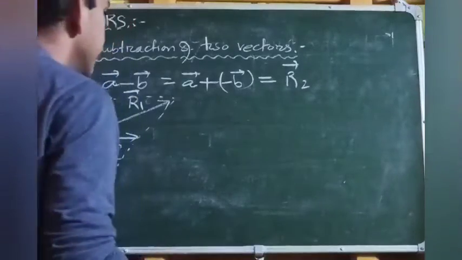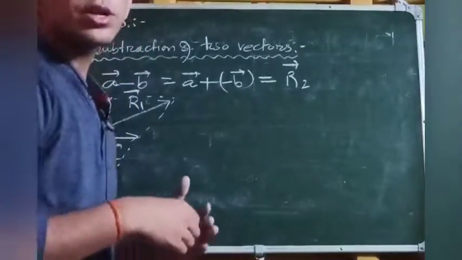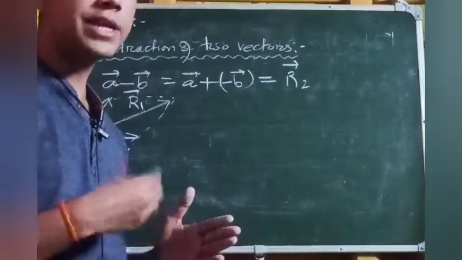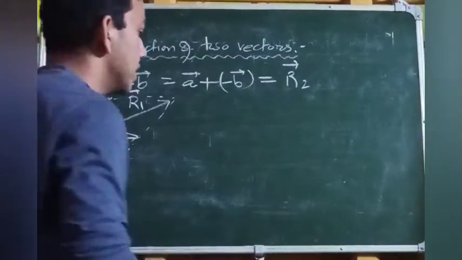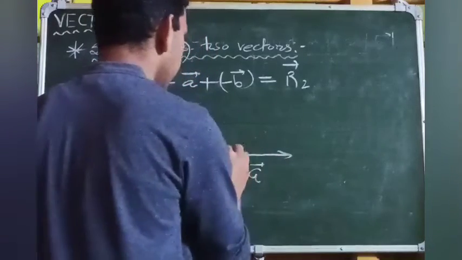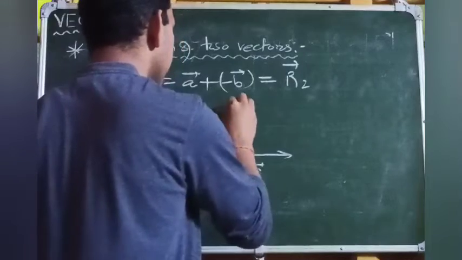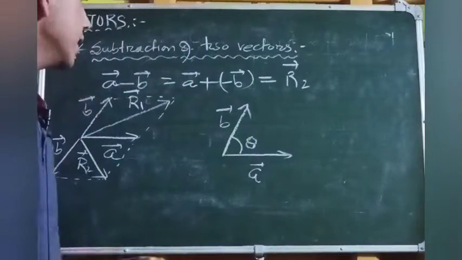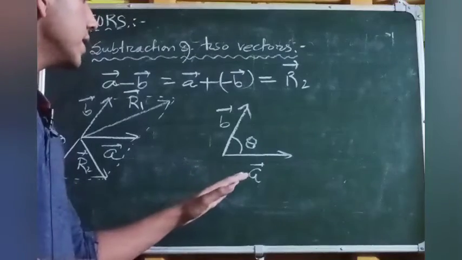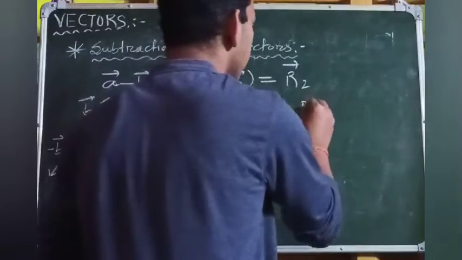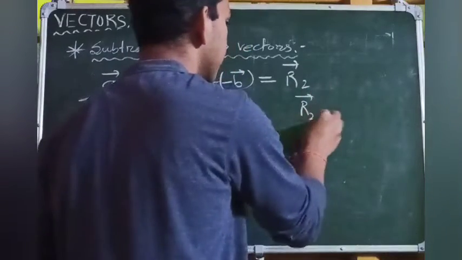Next, we can see if we are required to find the resultant of a vector and minus b vector, how can we proceed? Suppose this is a vector and this is b vector, and the angle between them is theta. Then, if we are asked to find the resultant between a vector and minus b vector, that means we are required to find R2 vector.